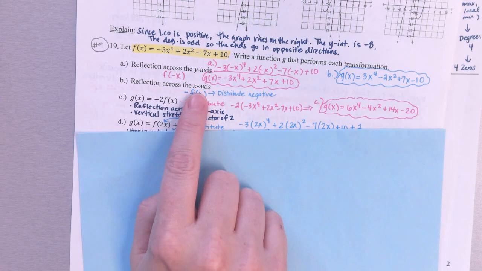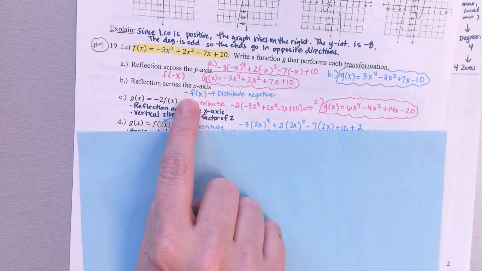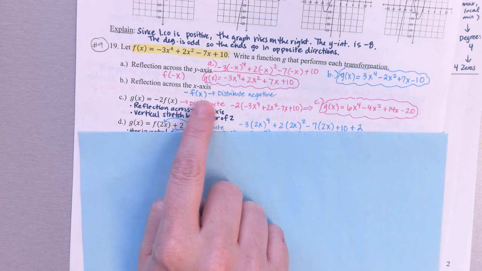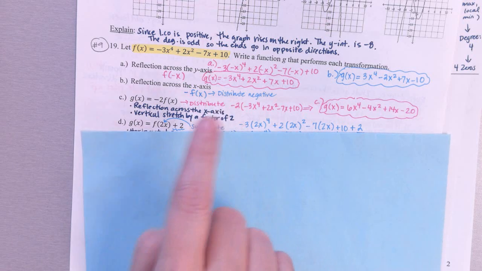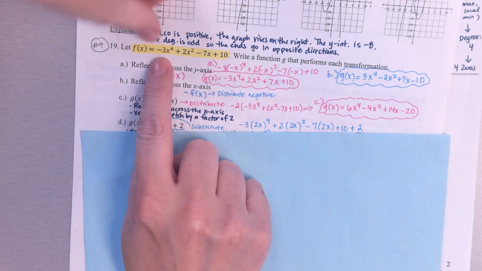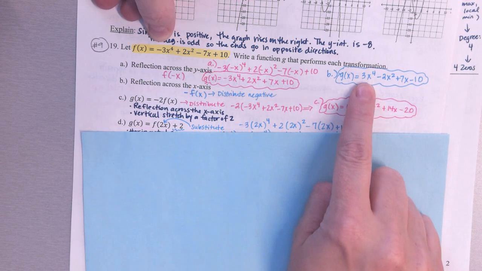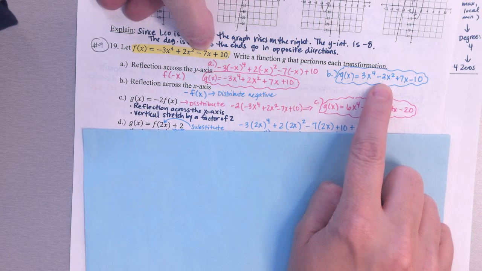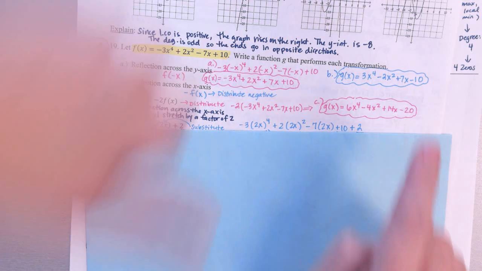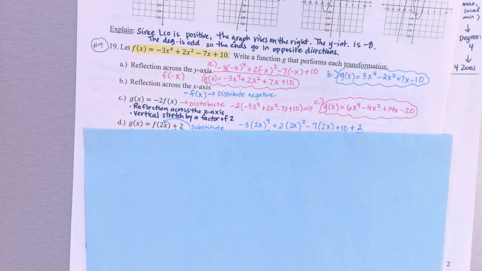For B, it's a reflection across the x-axis, so that negative is on the outside. If it's on the outside, all you have to do is distribute the negative to every single term. So a negative times a negative is going to be a positive. Here, this becomes negative, this becomes positive, and this becomes negative. Questions for me on A and B, the reflections?